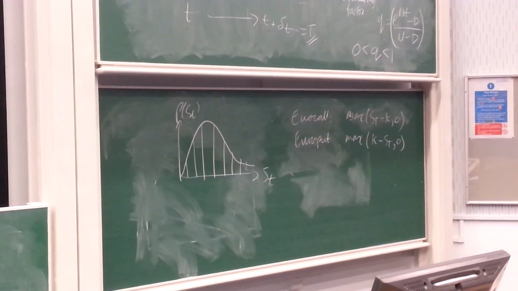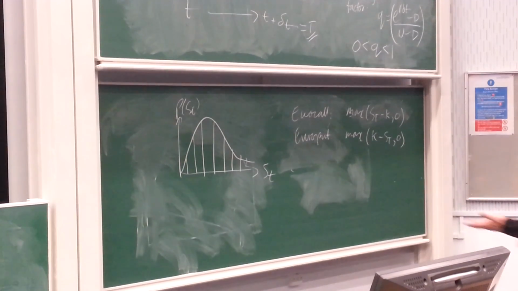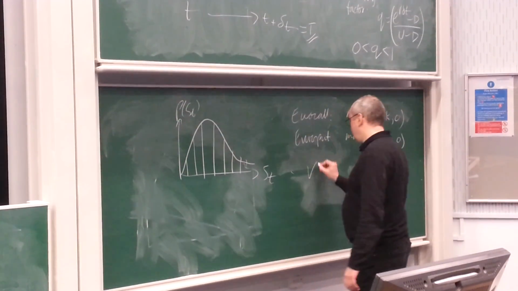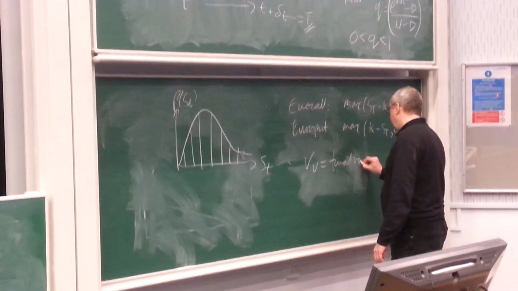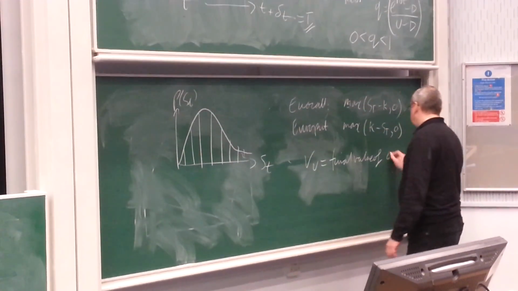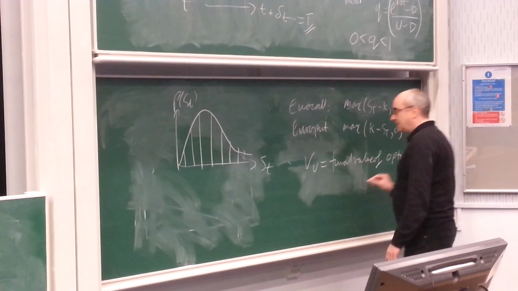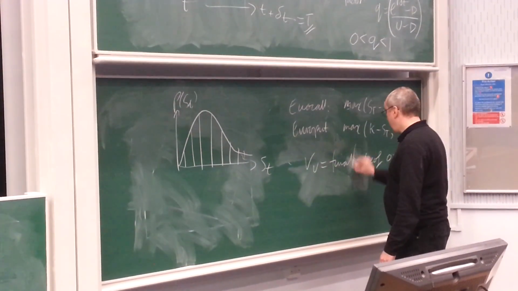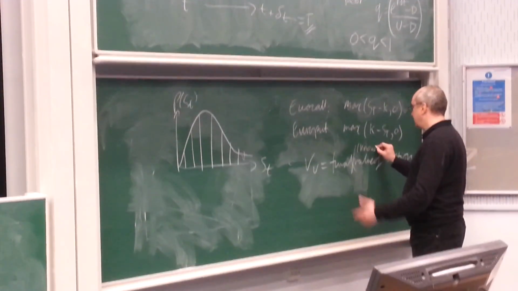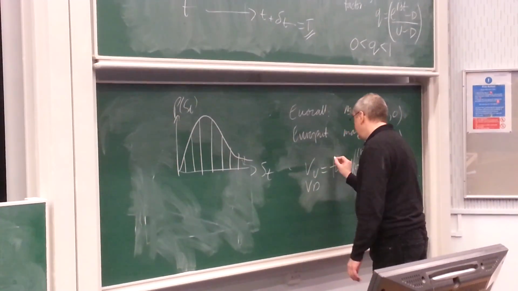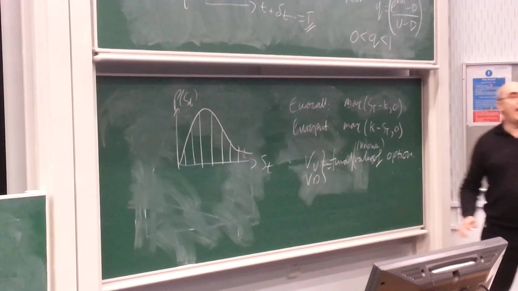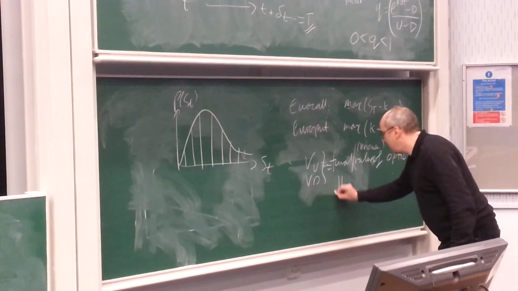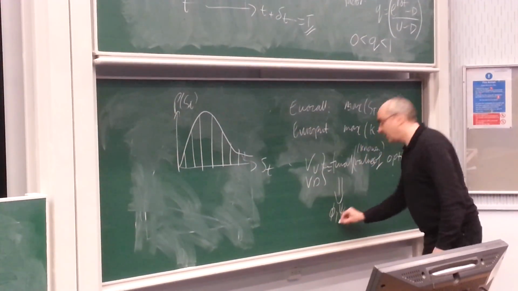So if I set VU final, and of course that means it's known, and VD, known values of the option, then that tells me the phi and psi that I've got to hold.